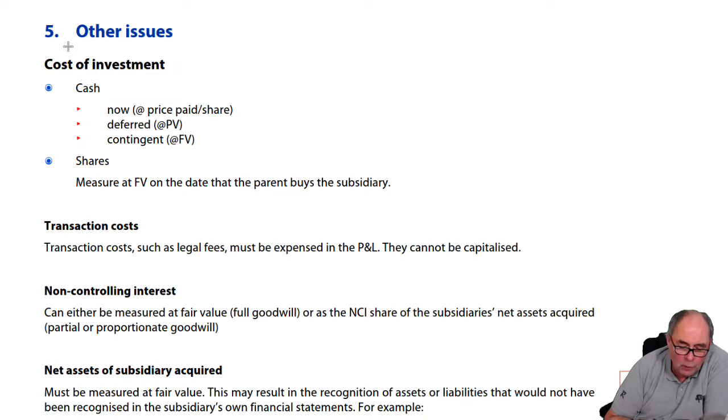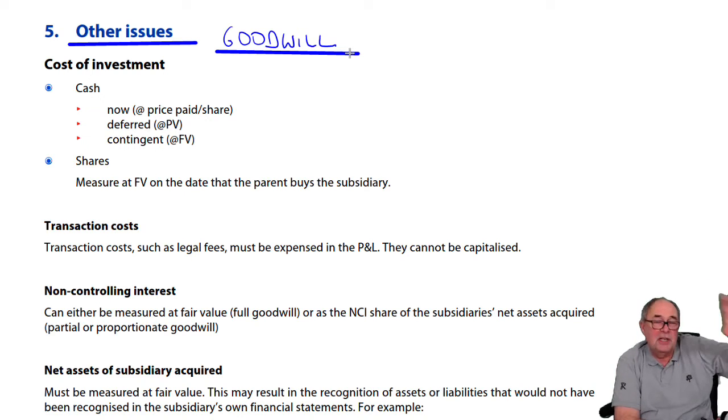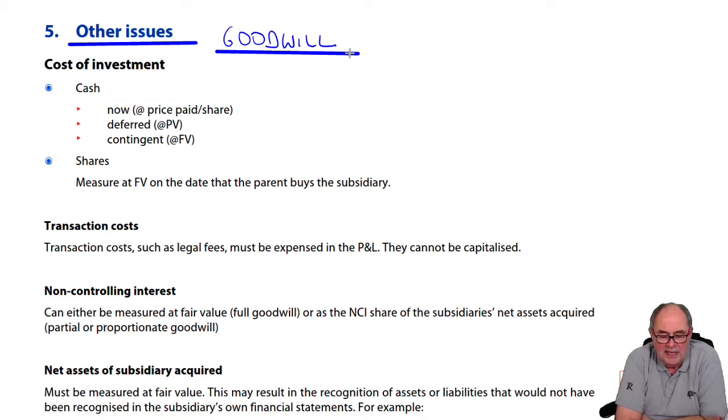This is all about issues relating to goodwill. Although I've called it other issues, these are very, very important points. We know that goodwill, remember, is the consideration plus the NCI minus the net assets.